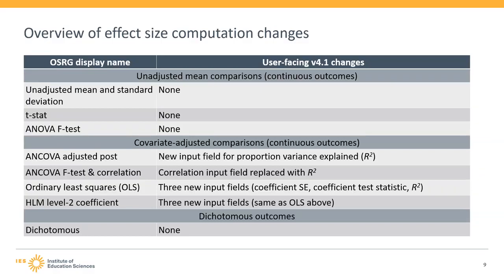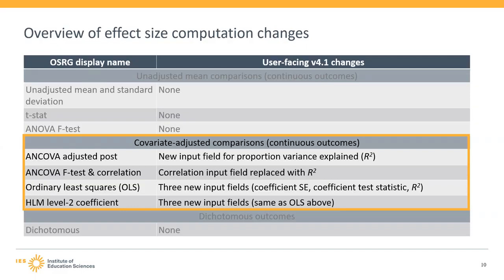The third category, for dichotomous outcomes, also has not changed. Instead, the user-facing changes focus on the middle category for covariate adjusted comparisons, introducing several new input fields such as proportion variance explained or regression coefficient standard errors.